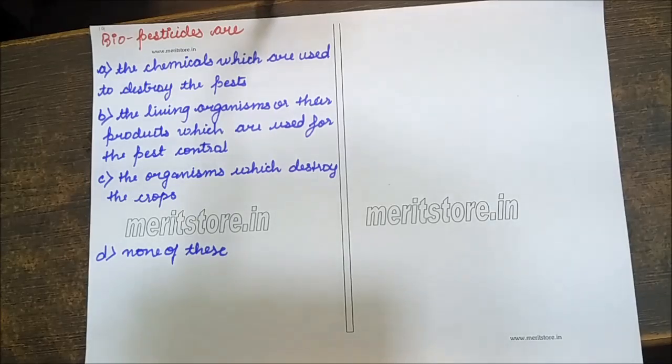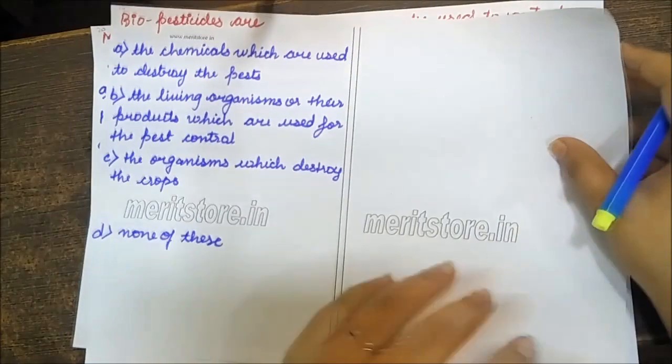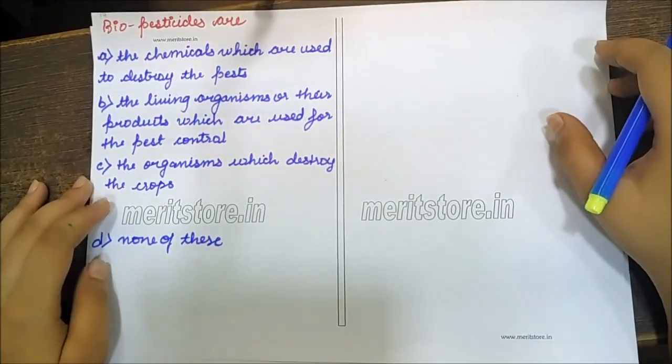And the answer for this is B, which is the living organisms or their products which are used for the pest control.